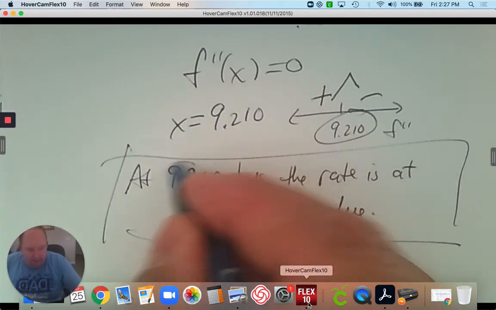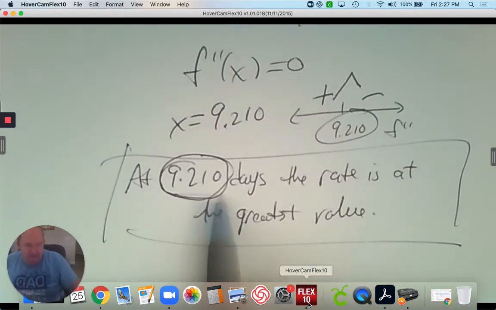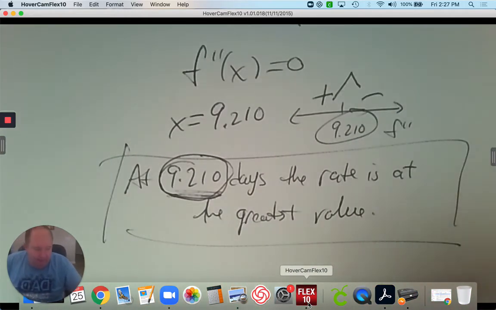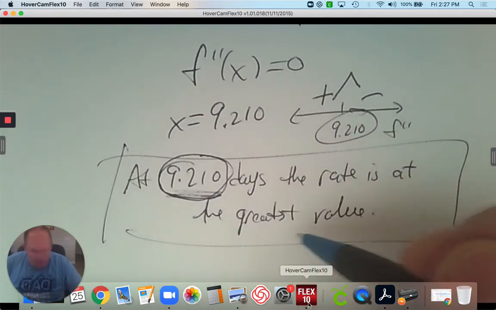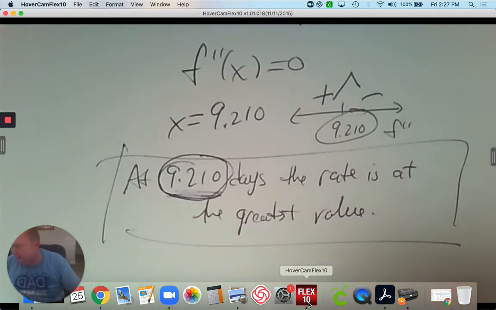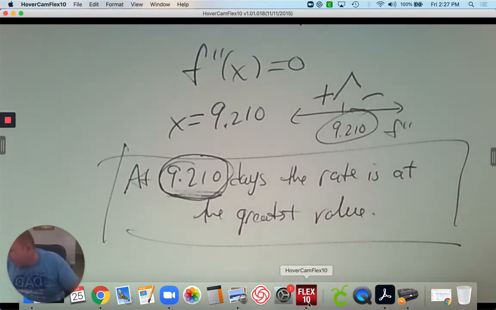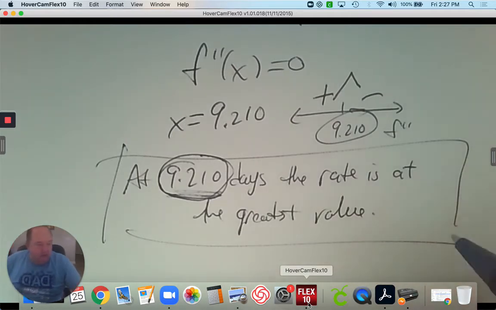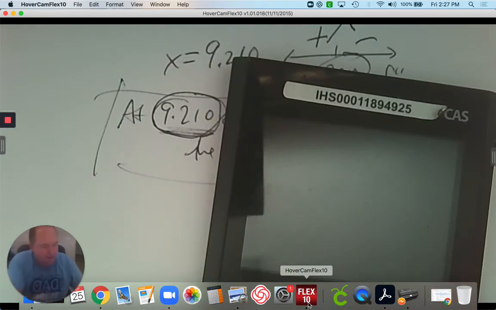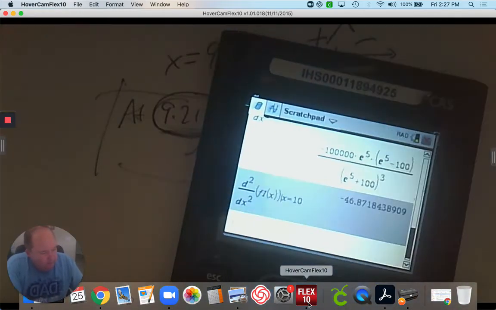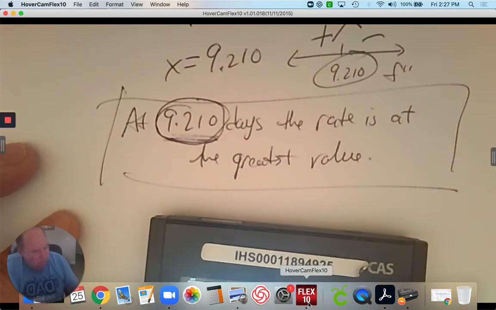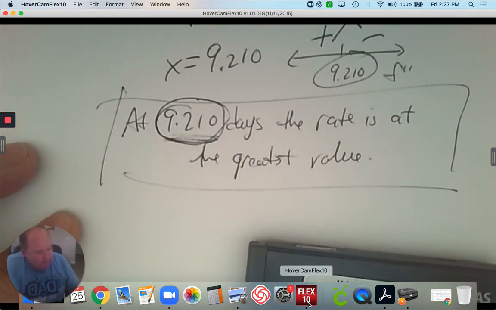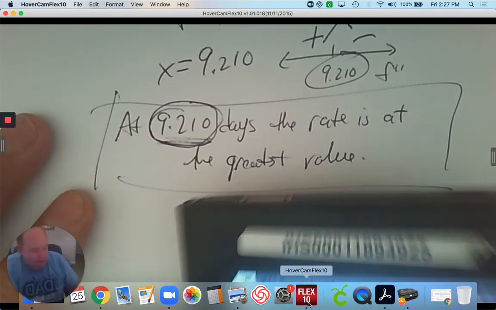The higher the number is for the first derivative, that's how fast the disease is spreading. And y equals 5 represents that 500 people per day are catching the disease. So that's the rate of a rate there, 9.210.